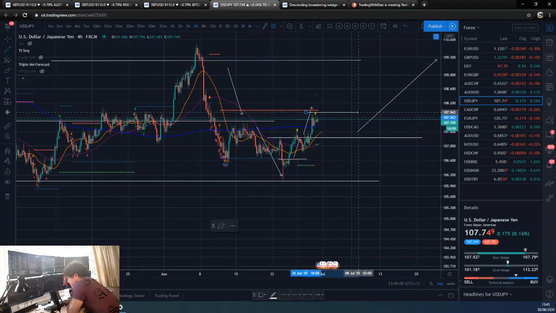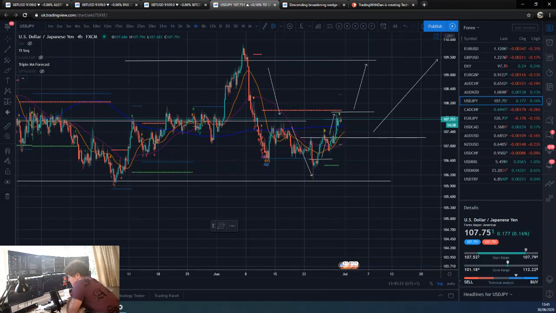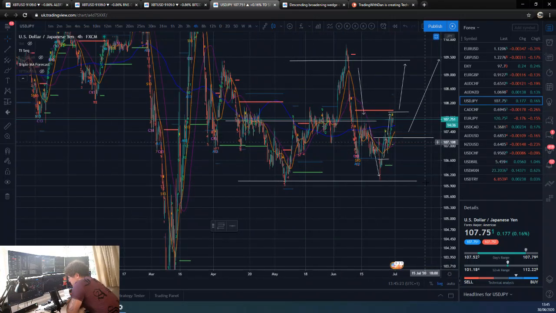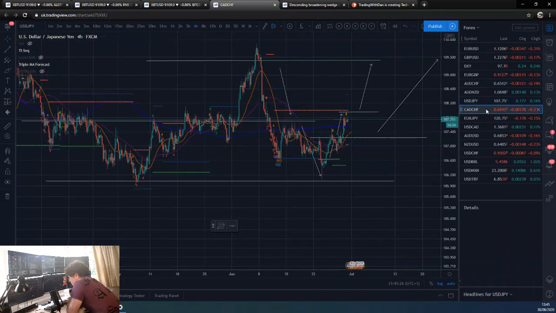Just basically taking out the top of here, I'd look for a continuation. We'll just move this down a bit now that we've had this. I'll look for continuation up to here basically. Oh, come on. Yeah, that's what I would look for. But if we do break below, then yeah, more downside, and then back into our little channel that we've got going on.